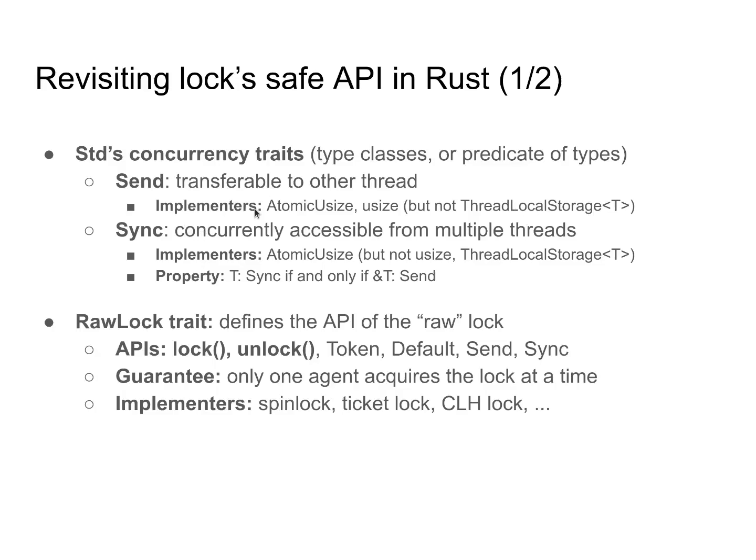On the other hand, there is the Sync trait. If the type T implements the Sync trait, that means that the type T can be concurrently accessible from multiple threads. So I am thread A and you are thread B, and threads A and B can concurrently access the data.